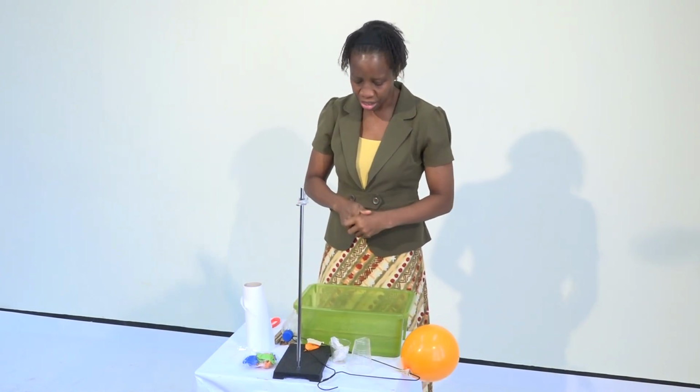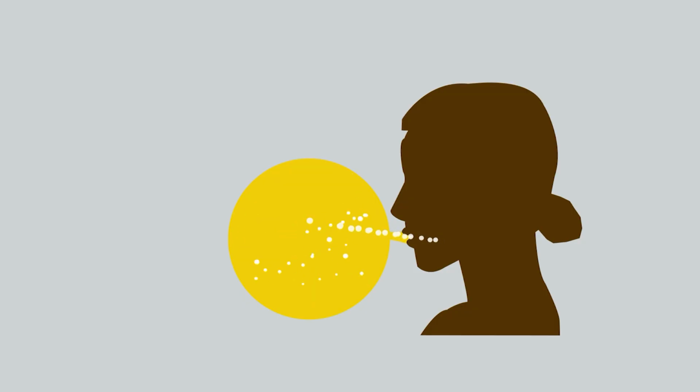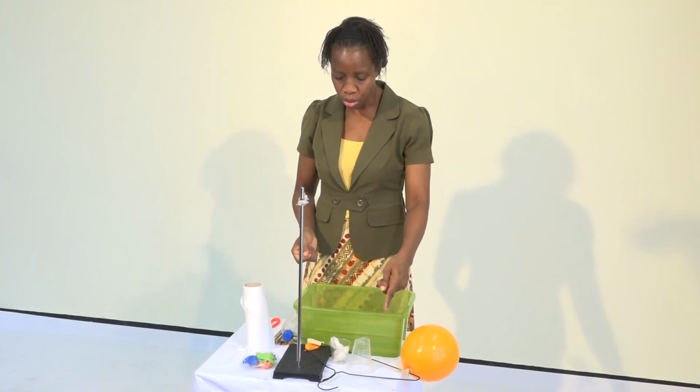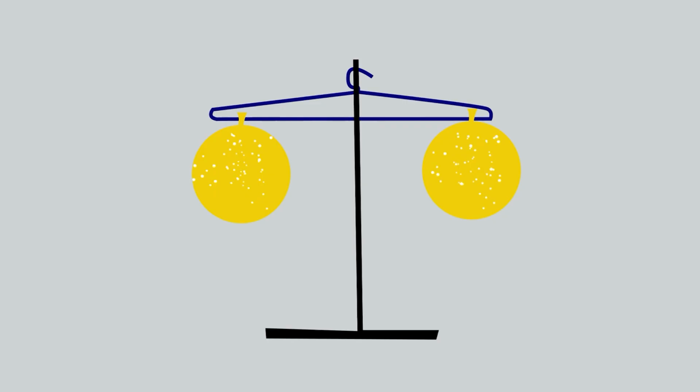What were our observations? In the first place, with the balloon, we noticed that the size of the balloon changed when we blew in that balloon, blowing air into it. And of course, when we burst one of the balloons, we saw that the hanger became unbalanced.